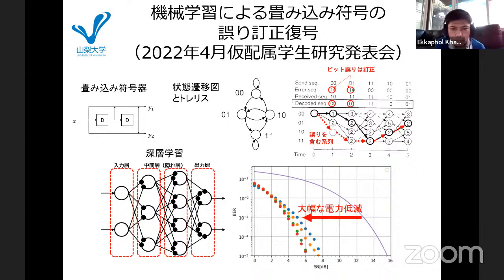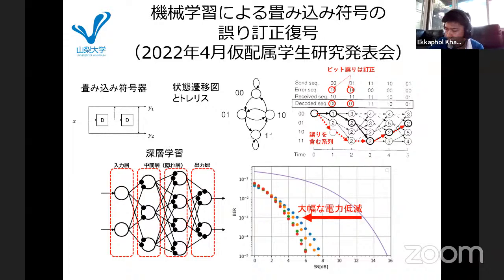The point why convolutional coding can correct errors is this restricted transition: the transition-limited trellis, or transition-limited state transition diagram.